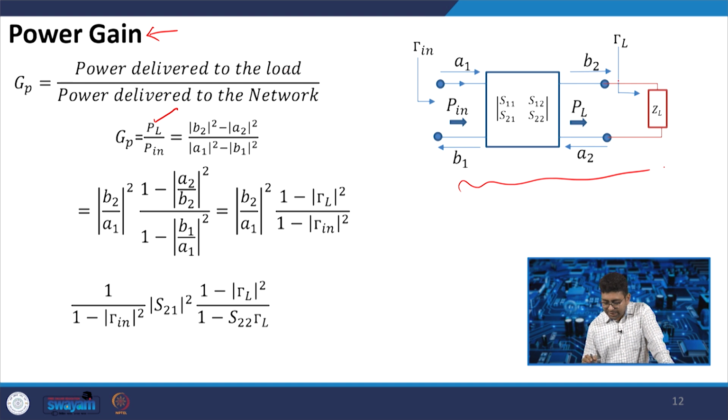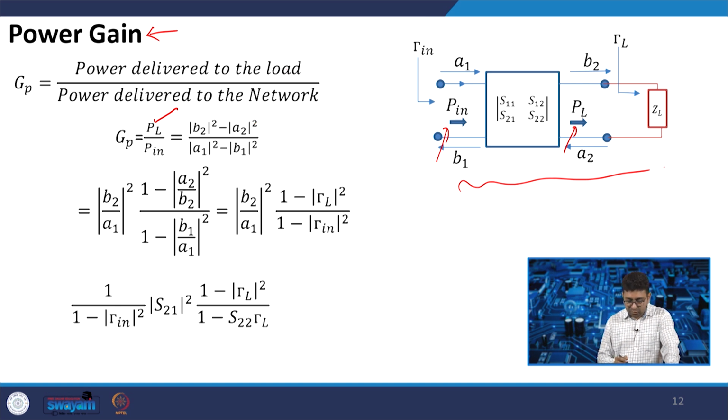There is a gamma L. So, power delivered to the load is given by this, and power delivered to the network is given by P in. You can directly write B2 square minus A2 square. While discussing the S parameters, we have already discussed that you can represent the power in terms of B and A, the incident and reflected waves. So, this is B2 square minus A2 square.